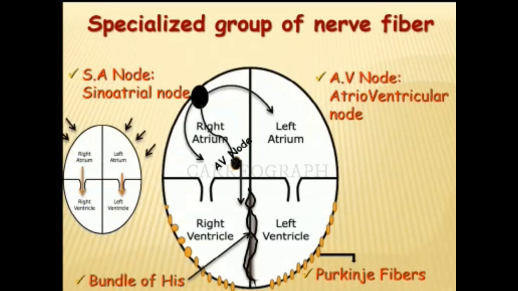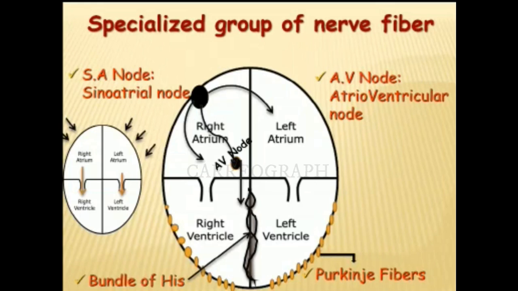At the same time, the impulse is also carried to AV node, which is present in the right atrium. Friends, there is a brief time delay as the impulse passes slowly through AV node, which allows time for ventricle to fill with the blood.